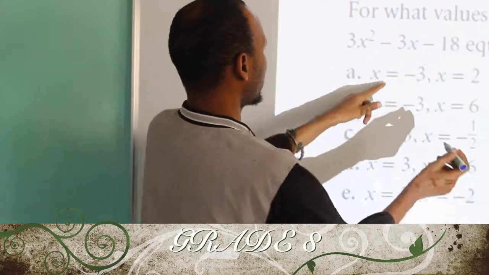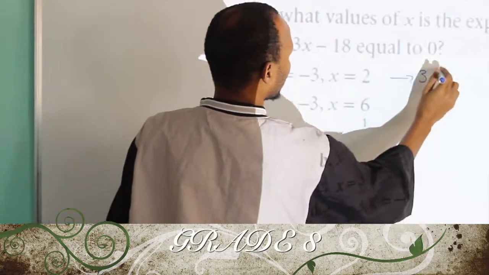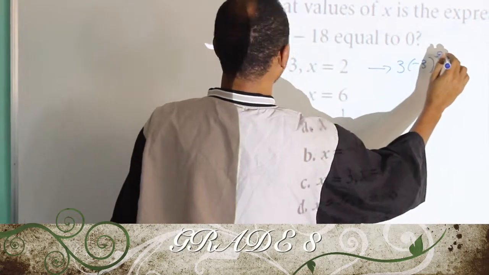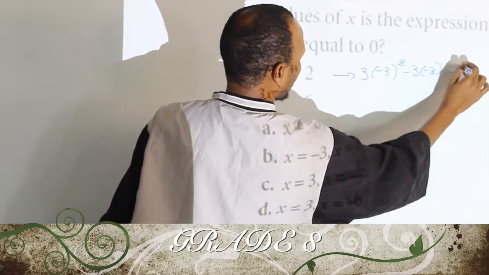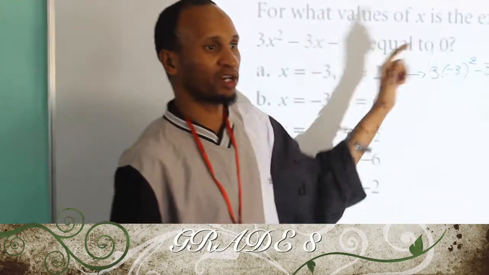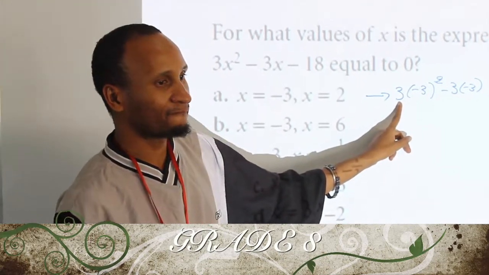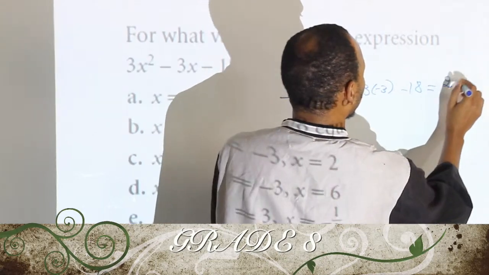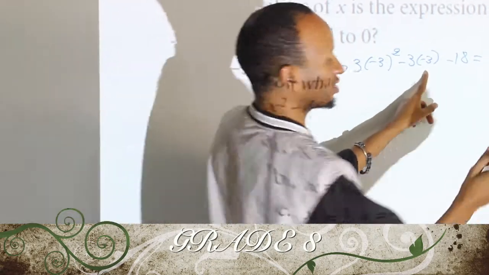If I work with -3 first, 3 times -3 squared, minus 3 times -3, minus 18. Now, -3 squared is 9. 9 times 3 is 27.